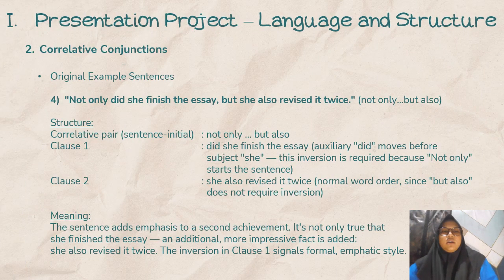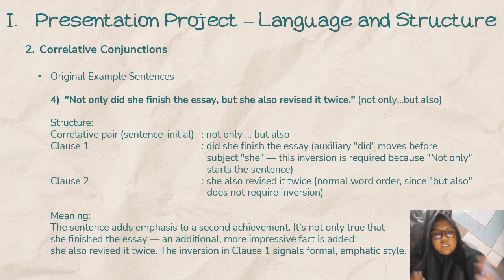Fourth sentence. Not only did she finish the essay, but she also revised it twice. The correlative pair is sentence initial, not only, but also. The first clause is, did she finish the essay? The auxiliary did moves before the subject. This inversion is required because not only starts the sentence.